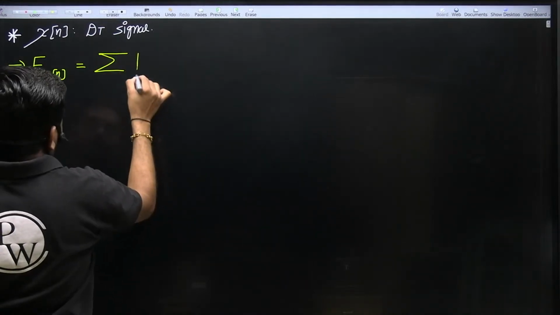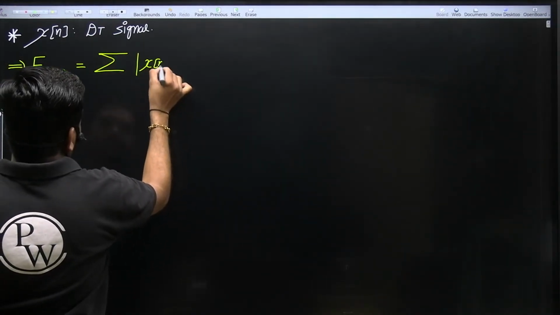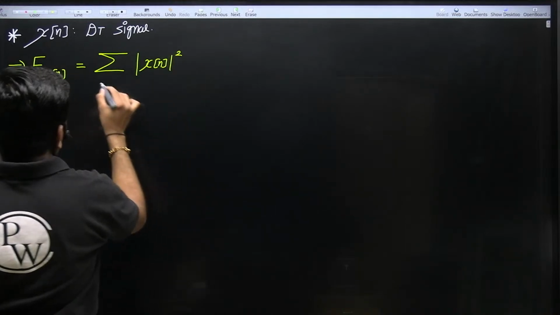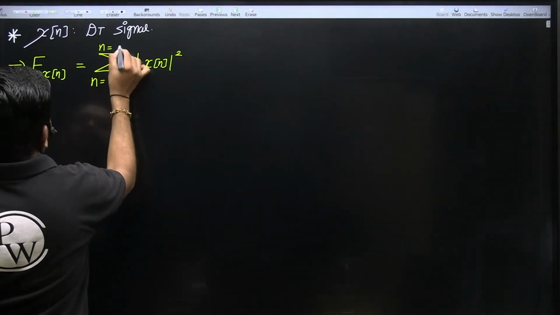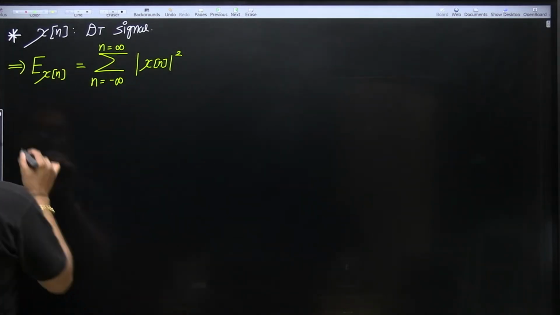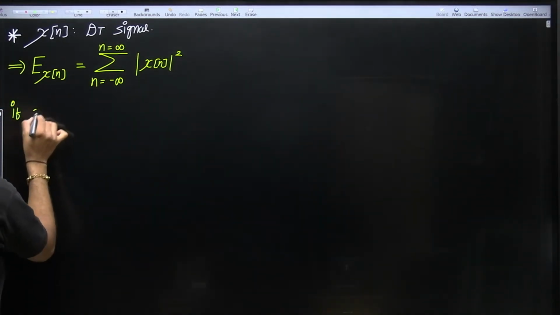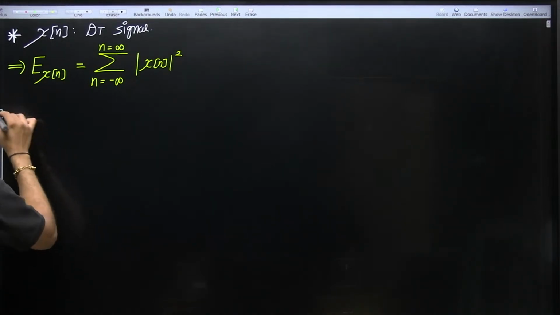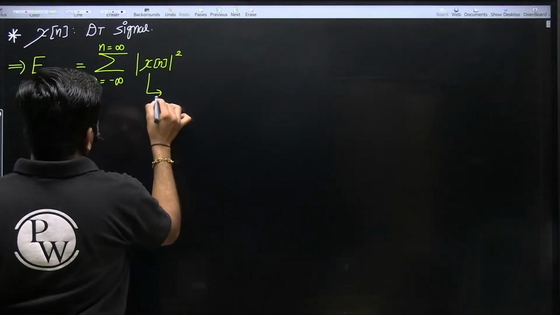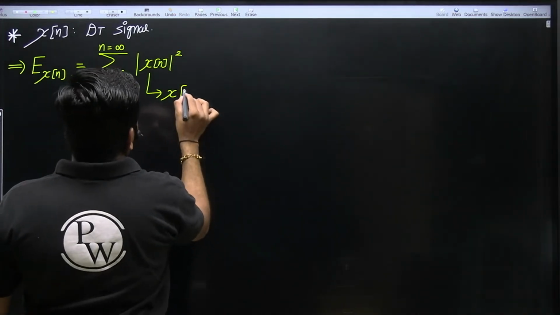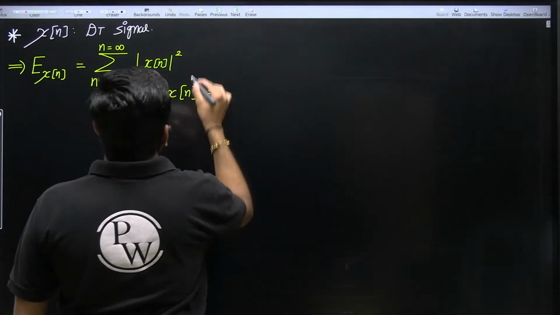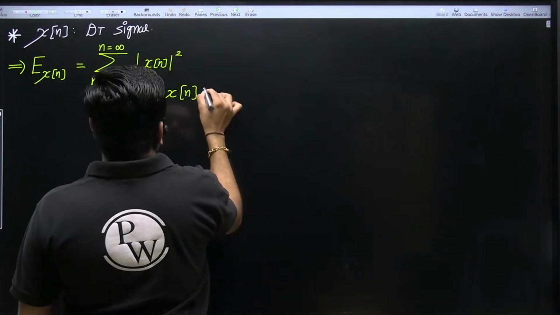and if it is a complex value signal, then you have to take the modulus also, guys. n is from minus infinity to plus infinity of mod x of n squared. Here we are considering the modulus because x of n can be a complex value signal.